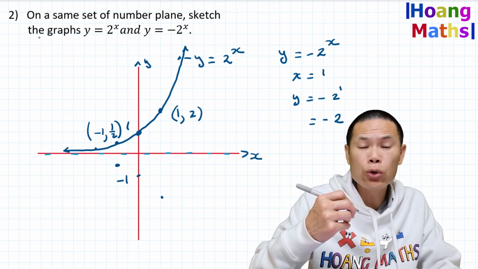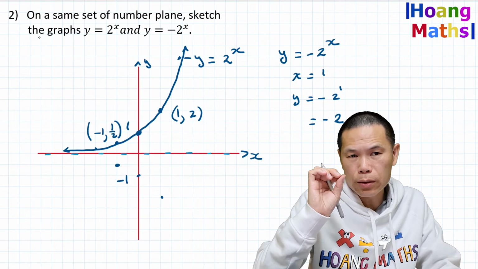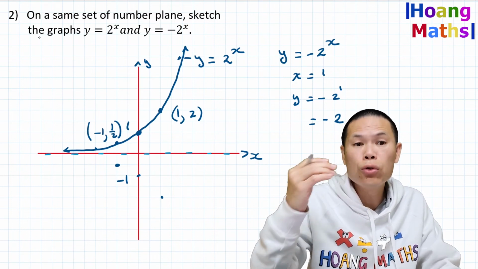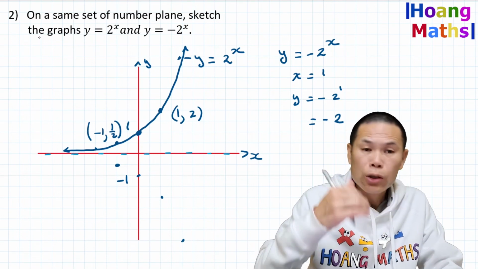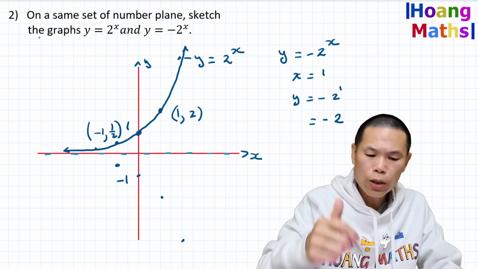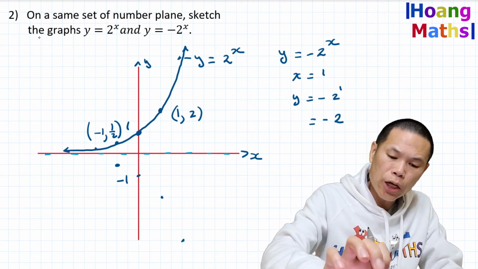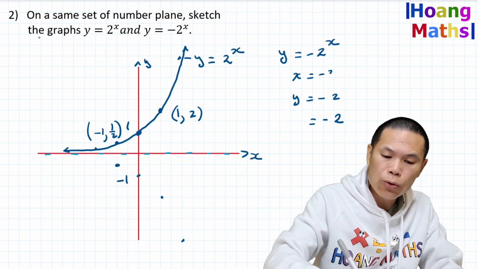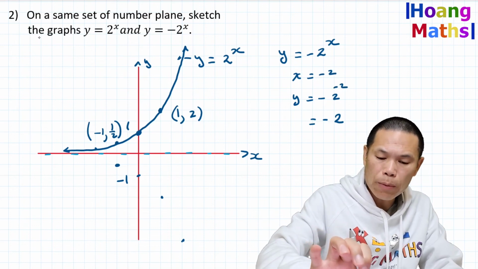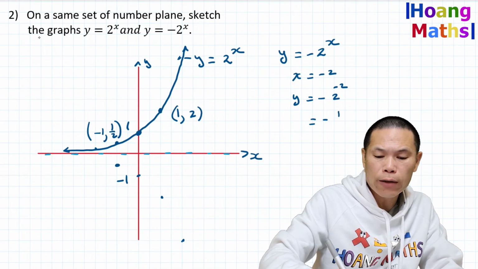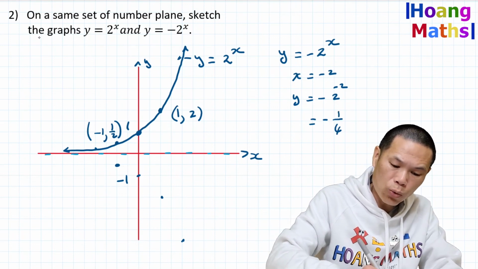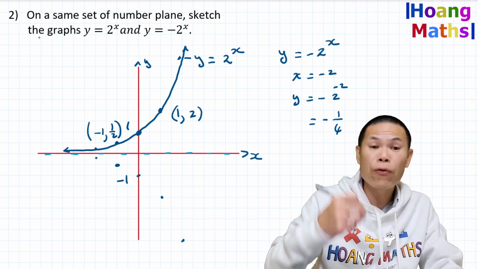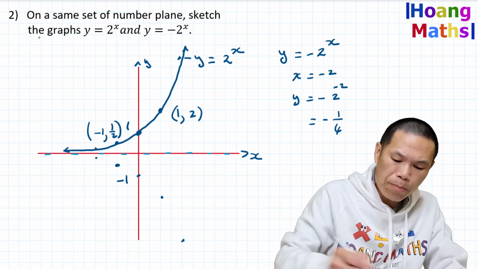And then when x is equal to 2, negative 2 to the power of 2. 2 to the power of 2 is 4, so negative 4, and it's somewhere here. When x is equal to negative 2, put that in a calculator, you should get negative a quarter. Just roughly. It's just like the reflection of the graph above, if you like.